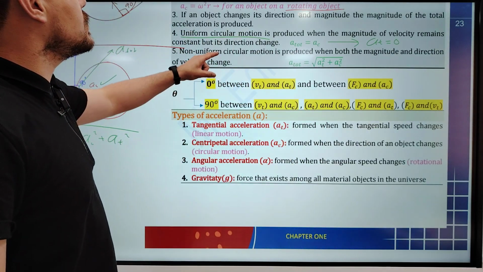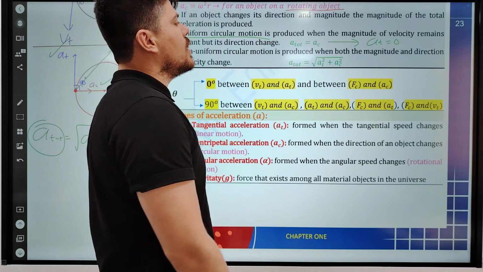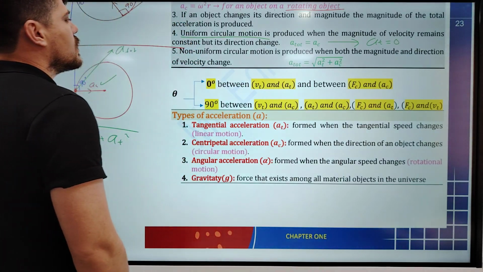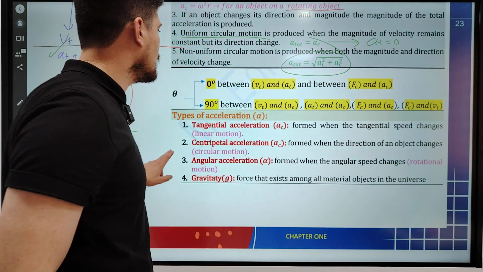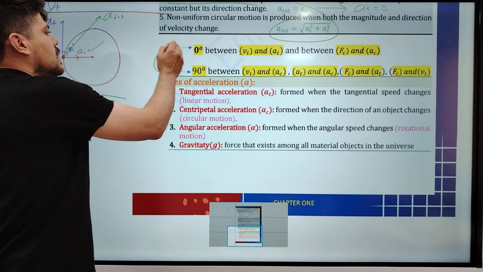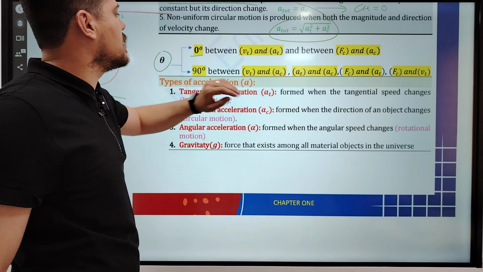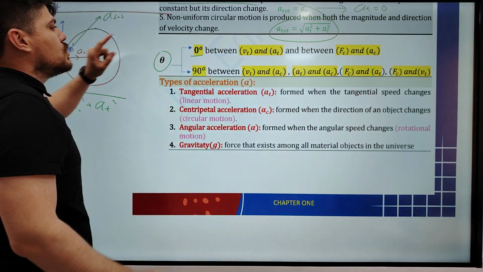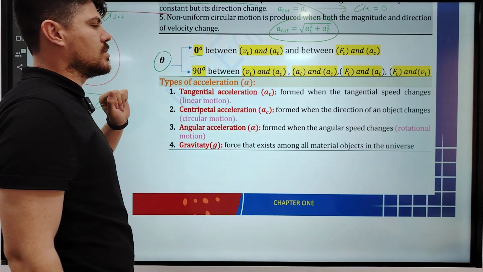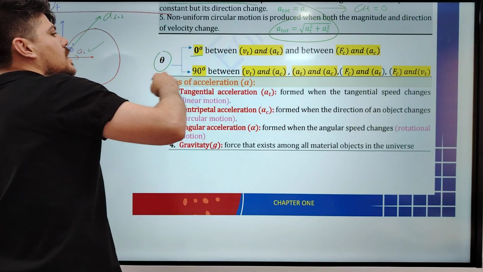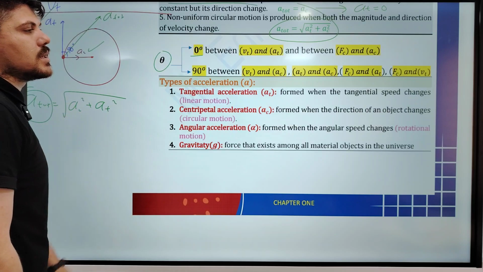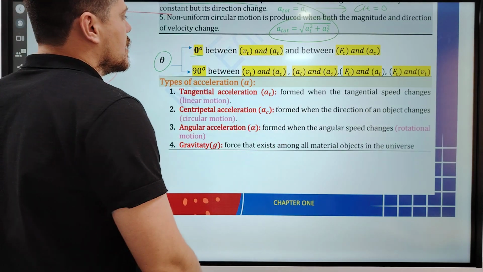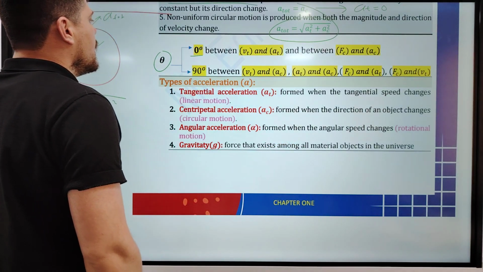But non-uniform circular motion is produced when both magnitude and direction of the velocity change. When is the angle between VT and AT equal to 0? Always. The angle between FC and AC is also 0, parallel to each other. We will study that in the next lesson.